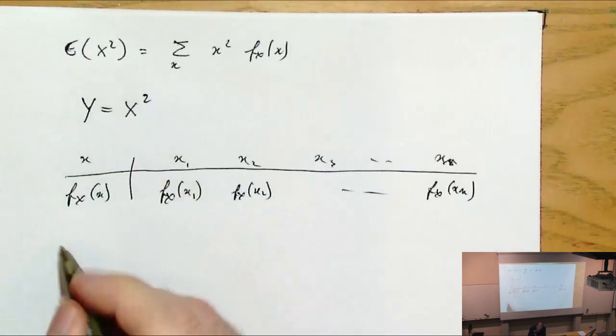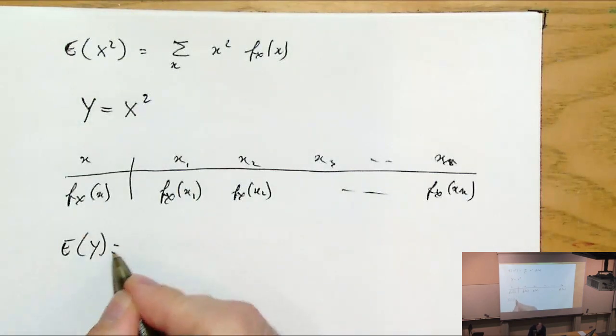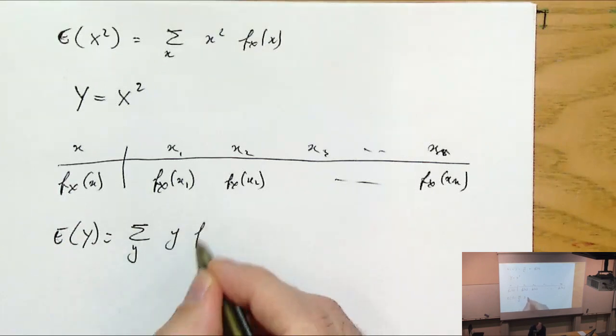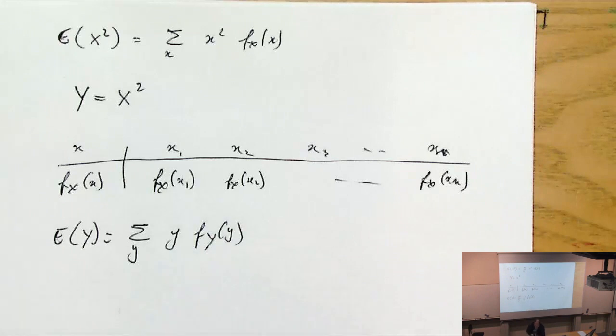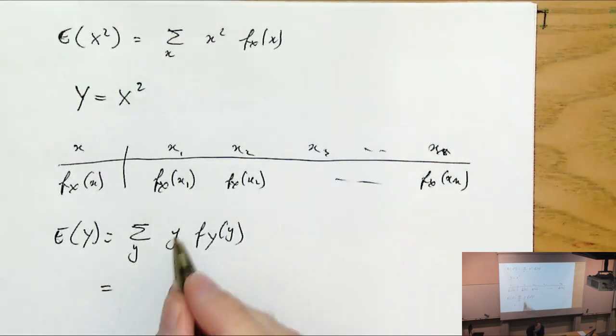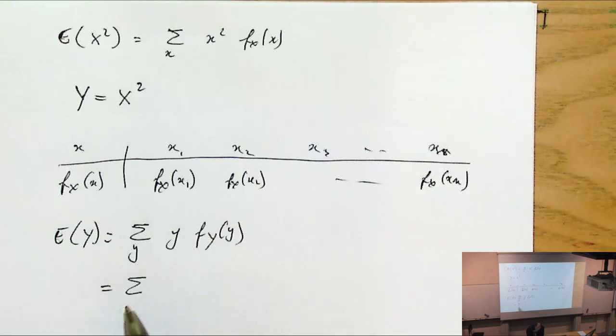When I'm looking at the expectation of y, I can say this would be a sum over y of y multiplied by this, right? That is the definition of expectation. But now my y is equal to x squared, right? So this is equal to a sum over x, but now I will replace y by x squared.